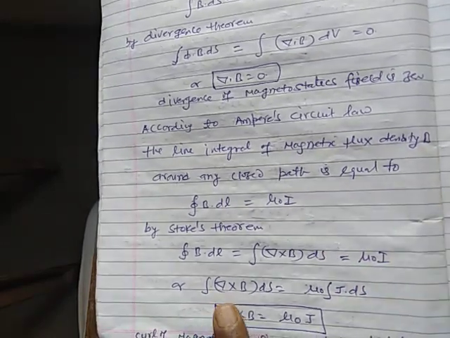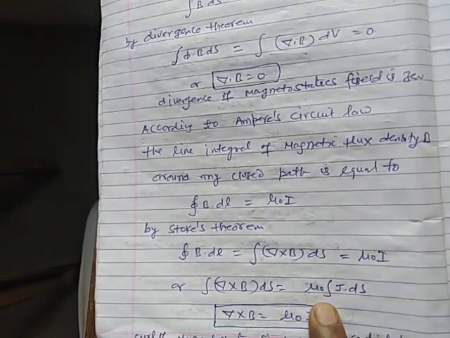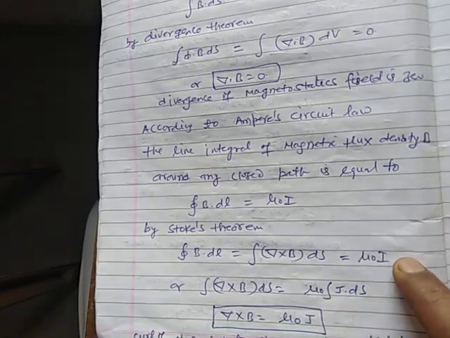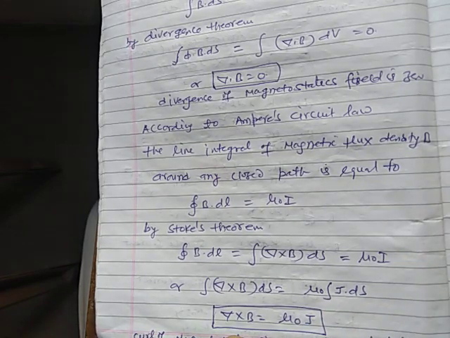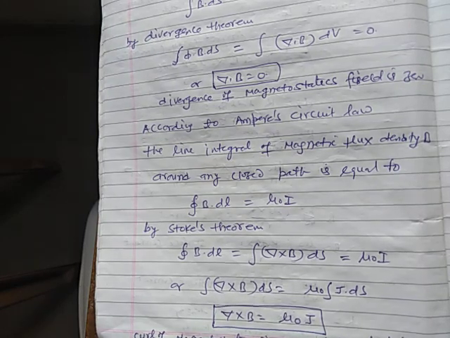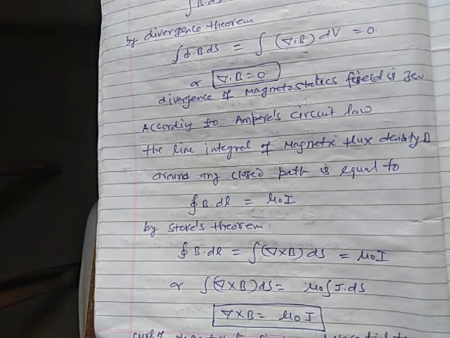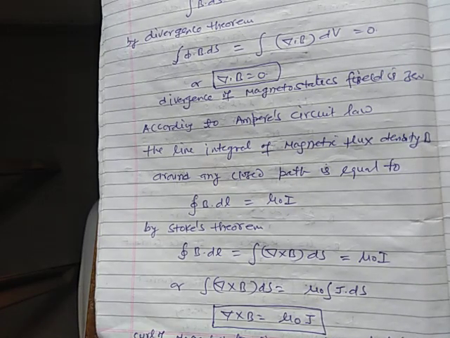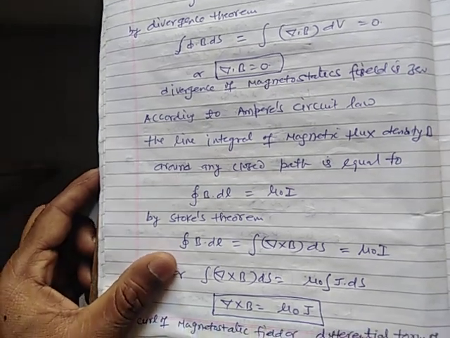Or del cross B dS is equal to mu 0 J dot dS, where I we can write as J dot dS. So del cross B is equal to mu 0 J. So the curl of a magnetic field, del cross B, is equal to mu 0 J, and it is the differential form of Ampere's law.